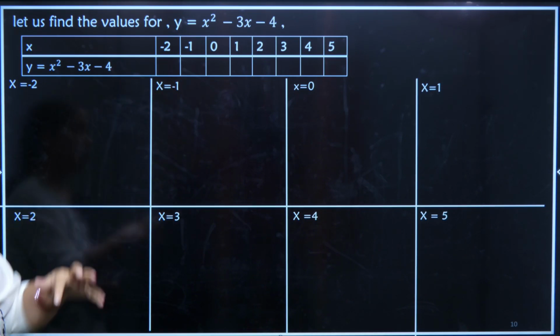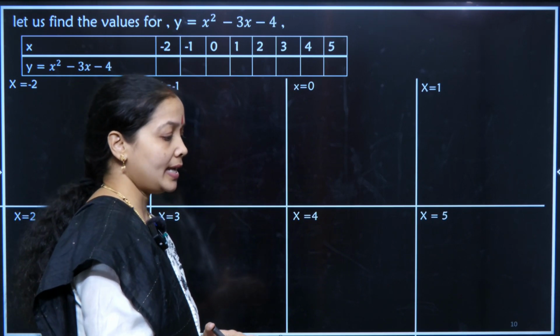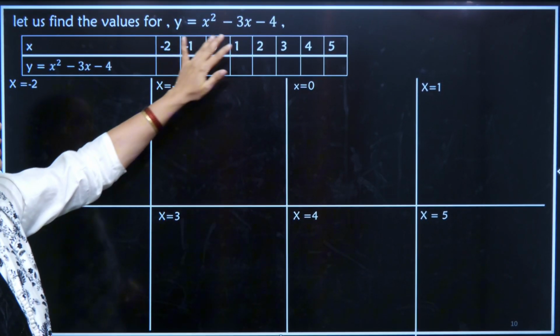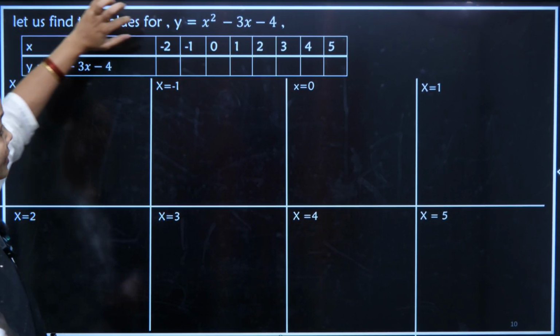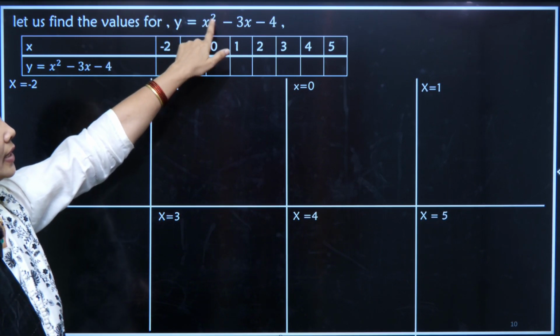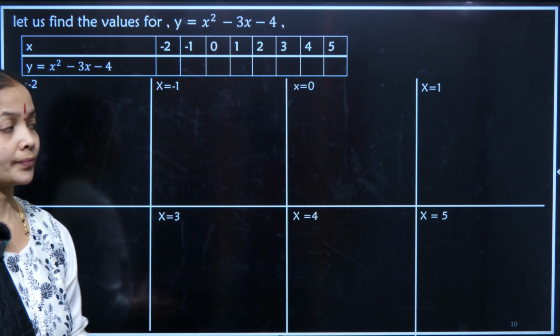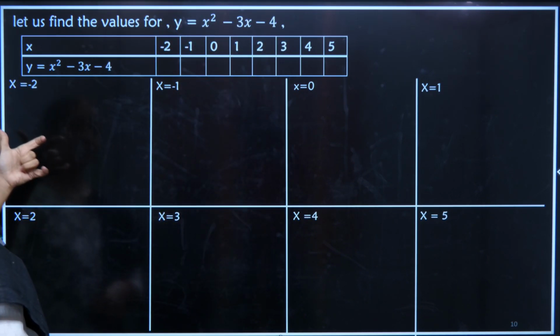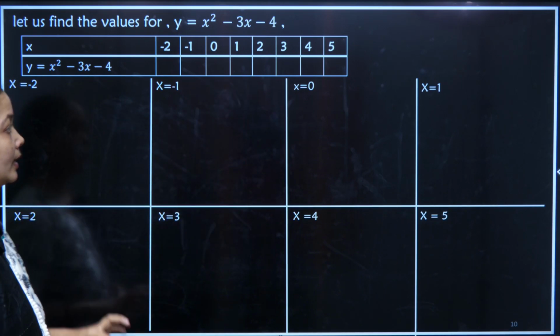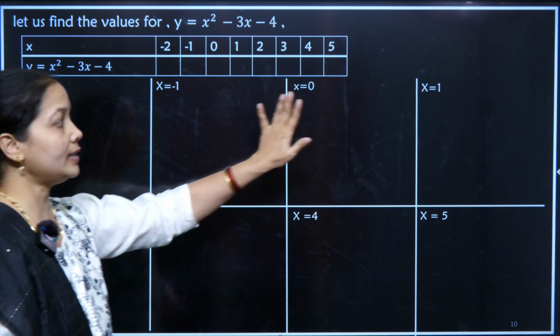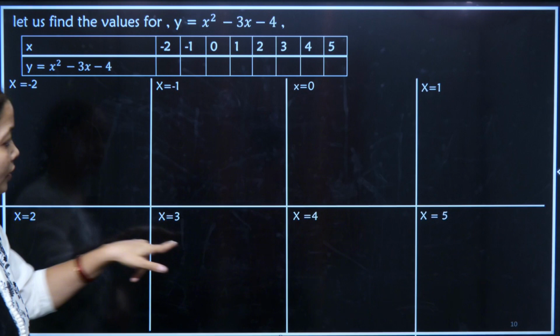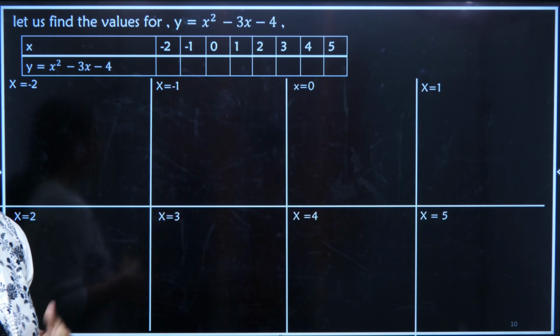For this equation, I have just taken certain values of x. I have been given p of y is equal to x square minus 3x minus 4. Let us consider certain values of x here: x is negative 2, negative 1, 0, 1, 2, 3, 4, 5. What are we doing here?